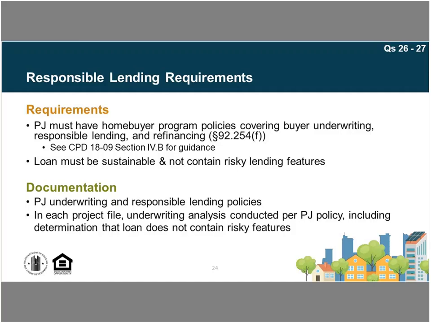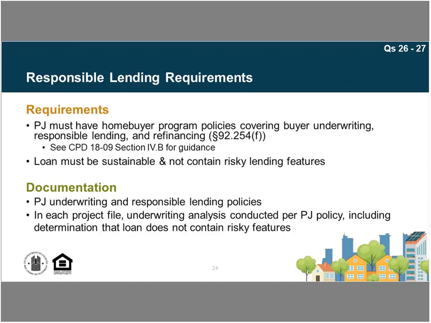The responsible lending policy pertains to the first mortgage, presumably the mortgage that sits in front of your home assistance, which is often in a second or lower financing position. And it is important that you make certain that the first mortgage is an appropriate mortgage and it doesn't have risky lending features, and that it's something that the buyer can handle. So I look at these as coming together.